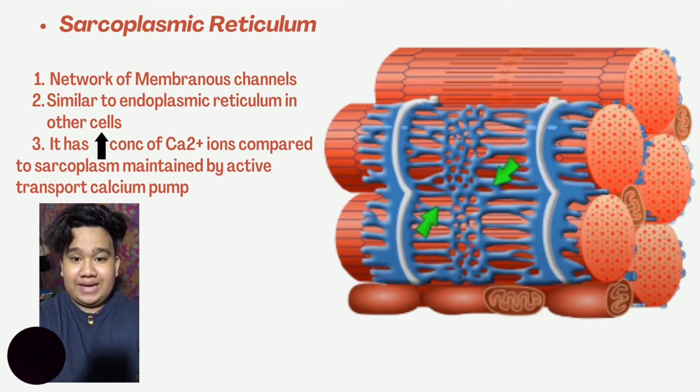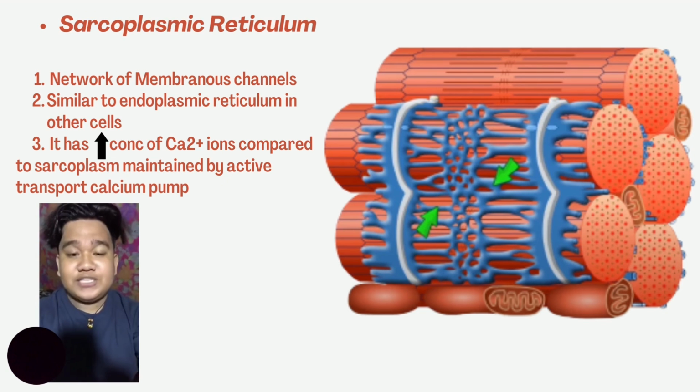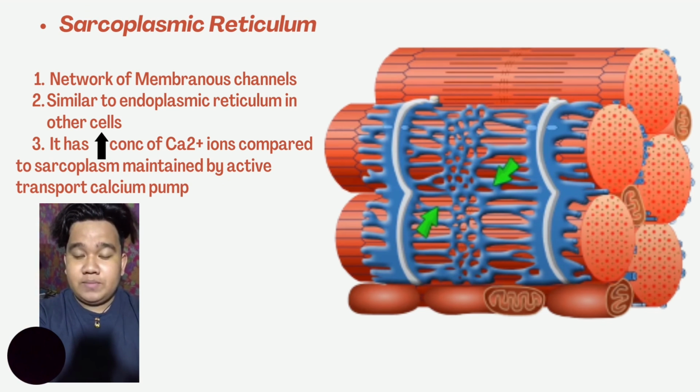The sarcoplasmic reticulum has a high concentration of calcium ions compared to the sarcoplasm, which is maintained by active transport. When stimulated by muscle impulses, the membranes become more permeable to calcium ions, and calcium diffuses out of the sarcoplasmic reticulum into the sarcoplasm.